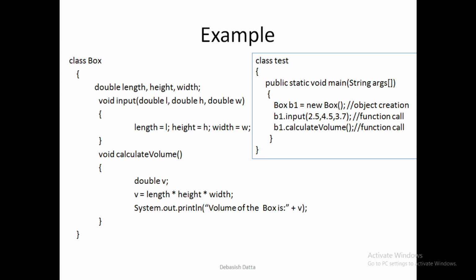So if we compare this B1 box with a physical box, then it resembles the physical real world box, as a physical real world box also possesses three dimensions, that is length, height and width. So all in all, this B1 is representing a physical real world object in this program.